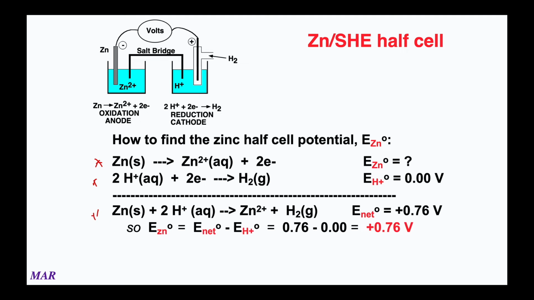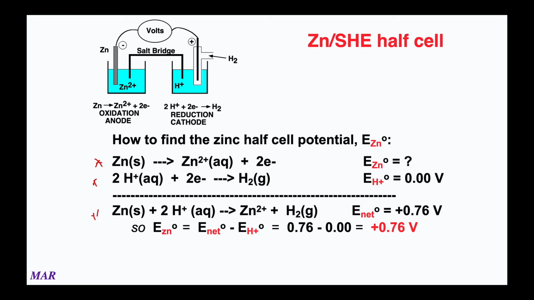And E zinc is an unknown. Let's call it X or whatever. We don't know what that is, but 0.76 minus E H+, or 0.76 minus 0, that's going to equal E zinc. E zinc is positive 0.76 volts. So this is a way that we can, as scientists, figure out the cell potentials of these half reactions.